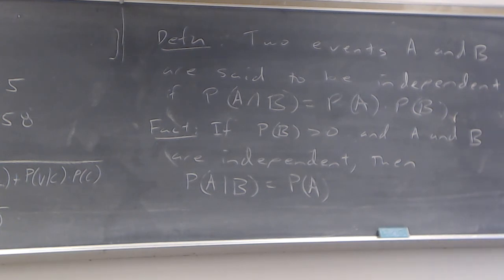So the fact that B happened doesn't influence the chance of A happening. That's the fact. Let's do a proof of that.